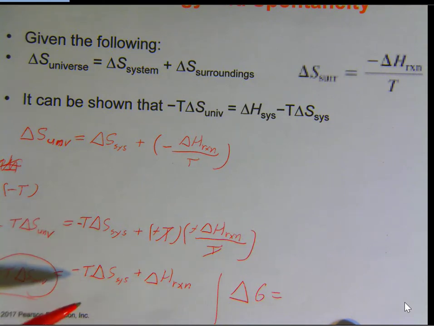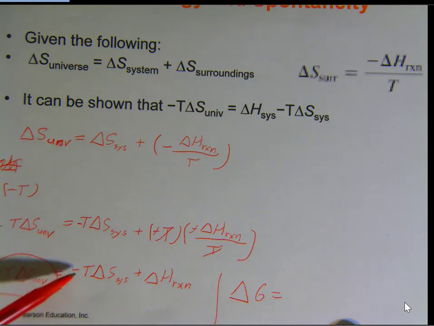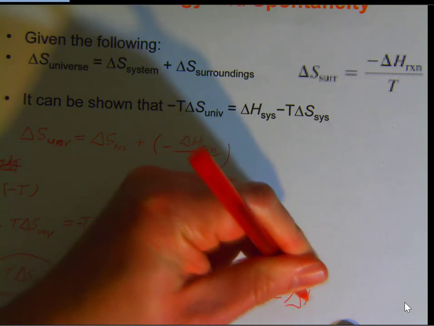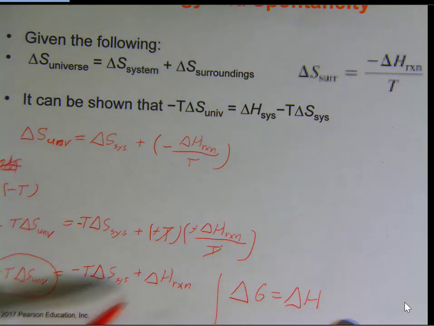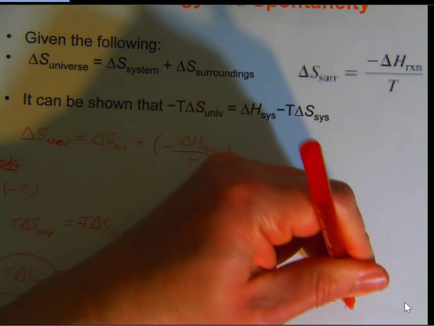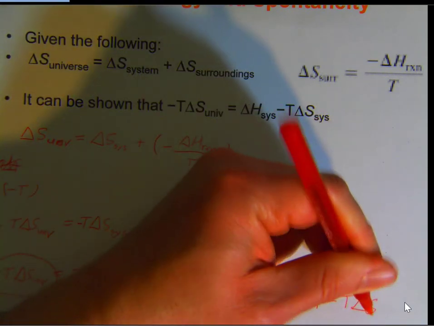Then we're just going to make a few changes to how we write that. Instead of starting with a negative sign, which is easy to lose along the way, we're going to flip these and have the other one first. So delta H first, and then minus T delta S.